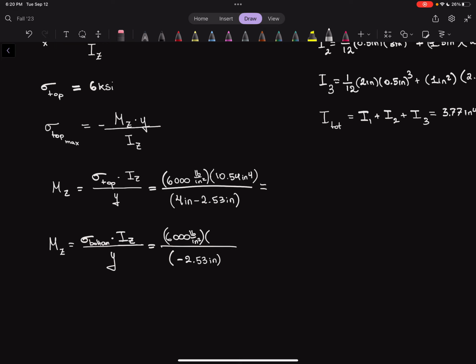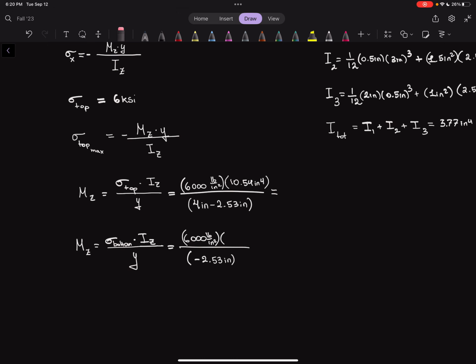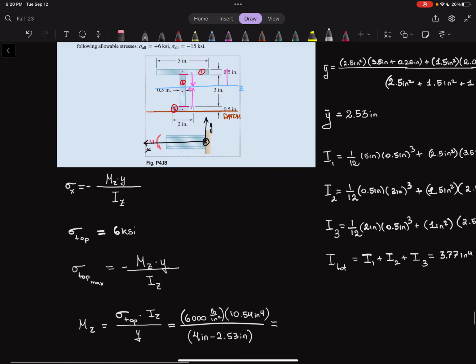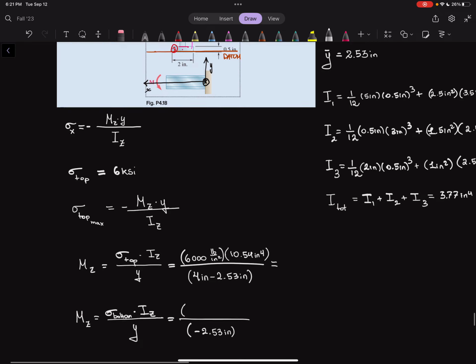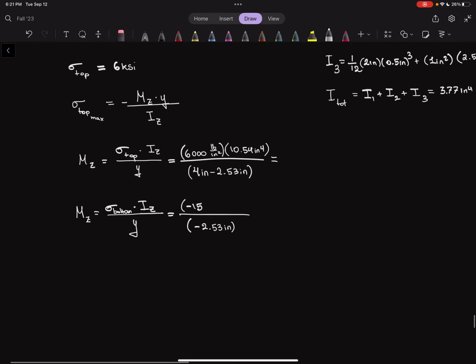And here we're going to get, I made a mistake, I'll fix that. The bottom is going to be in compression. The compression at the bottom is going to be minus 15 max, 6,000 pounds per inch squared times 10.54 inches to the fourth.